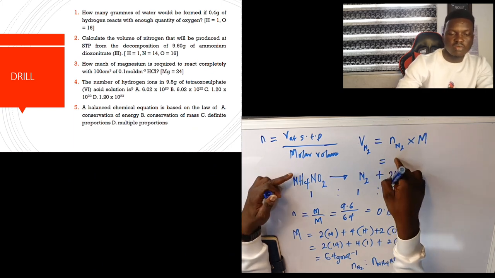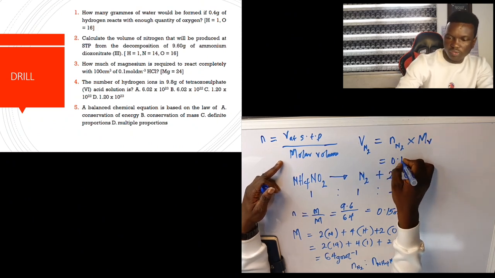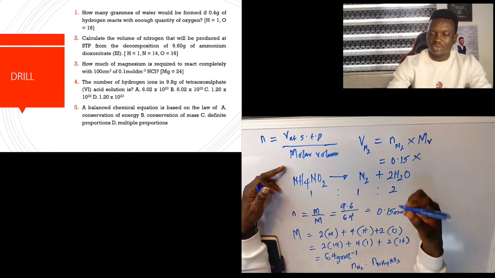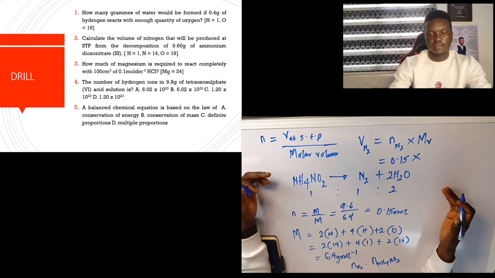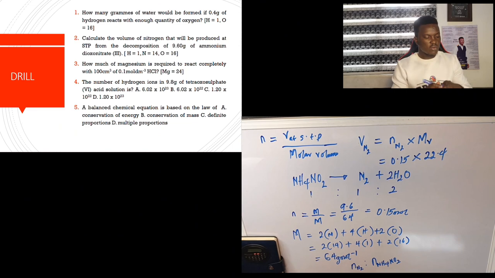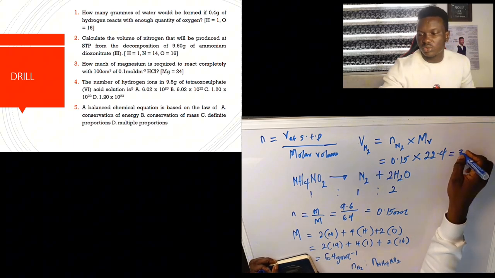The number of moles of nitrogen is 0.15, the same as that of ammonium dioxonitrate 3. The molar volume is 22.4. So that will now be 0.15 times 22.4, which is 3.36 dm cube.